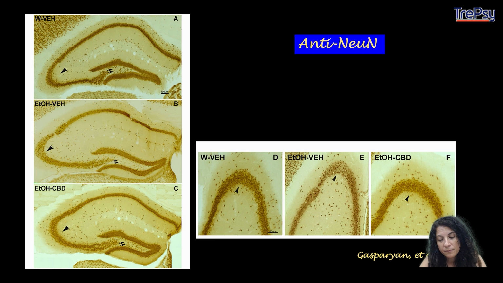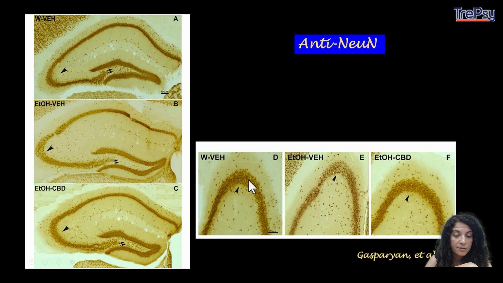For example, in this article from our group, we did immunohistochemistry anti-NeuN. This antibody is able to label mature neurons, and you can see the mature neurons in different types of animals.